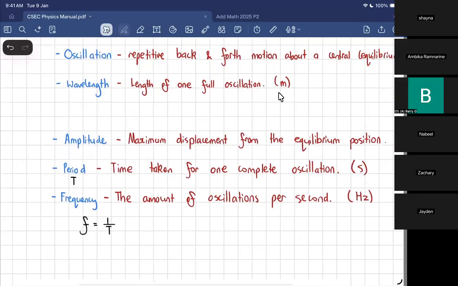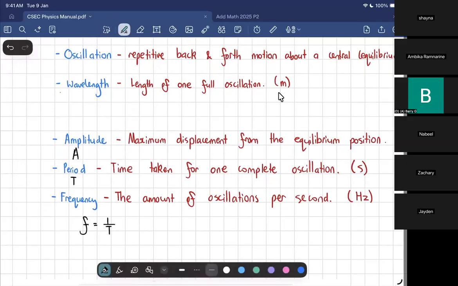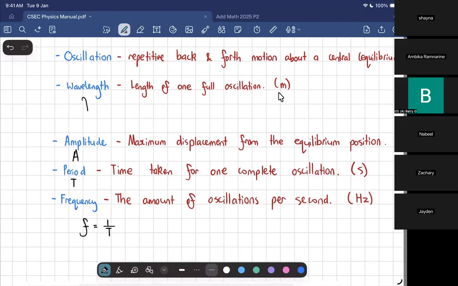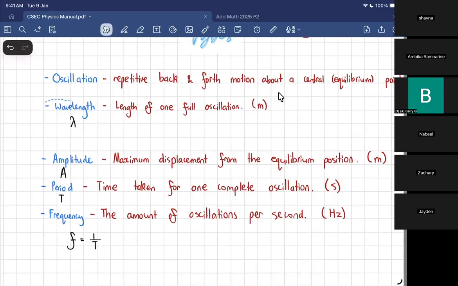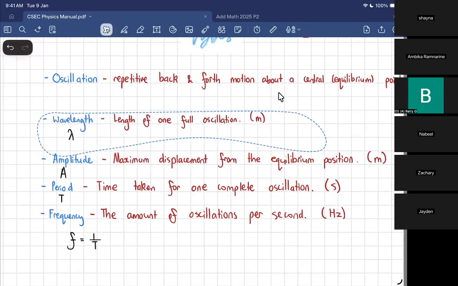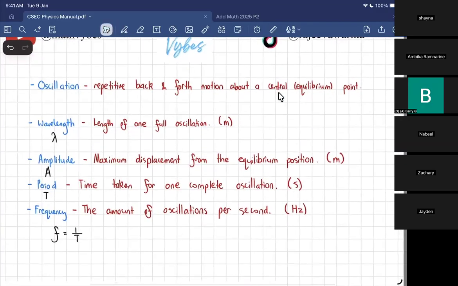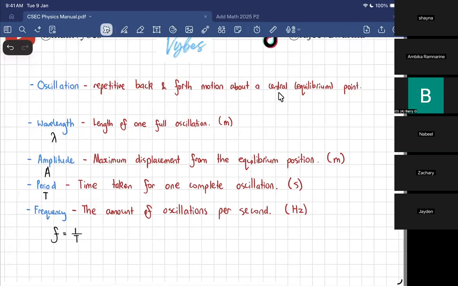The amplitude is just simply A. Wavelength is this symbol over here, which is lambda. So make sure you copy this down and we'll look at some examples.